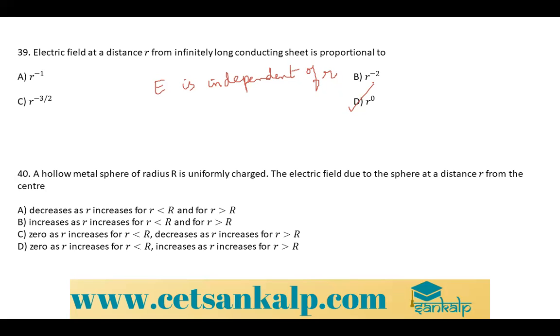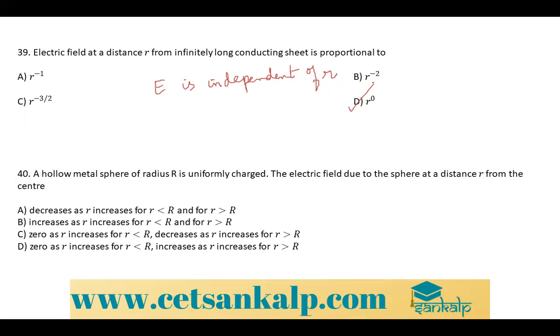So the next problem, that's the last problem. A hollow metal sphere of radius R is uniformly charged. The electric field due to the sphere at a distance r from the center is?